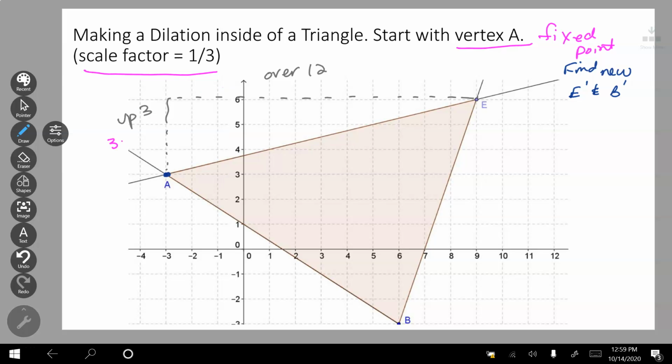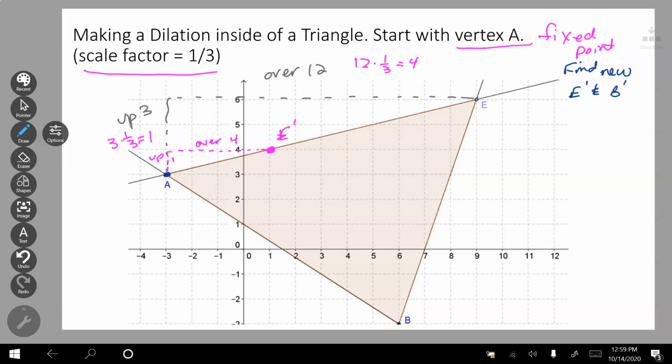So 3 times 1/3 is equal to 1, and 12 times 1/3 is equal to 4. So now I have to go up 1 and over 4. And this dot right here is my new E prime dot.